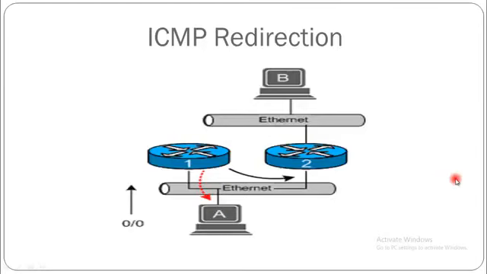That's why it will ask you to send it through a different gateway. So in theory, a host with multiple gateways could have one default route and learn more about optimal specific routes over time by way of ICMP redirect.